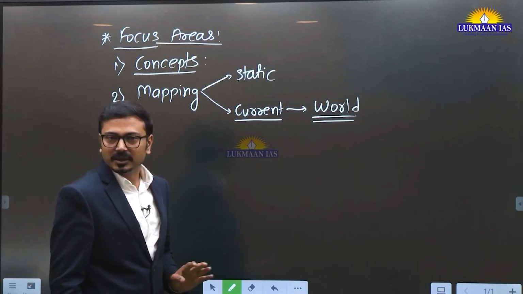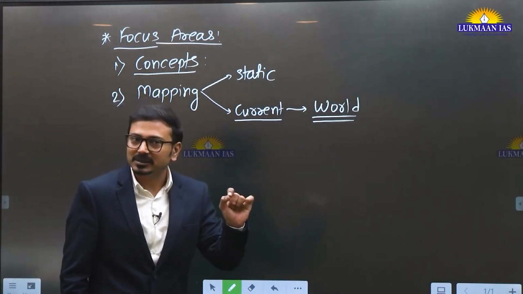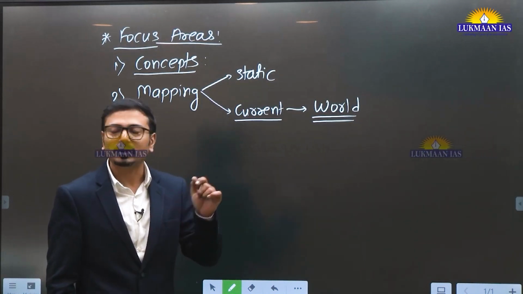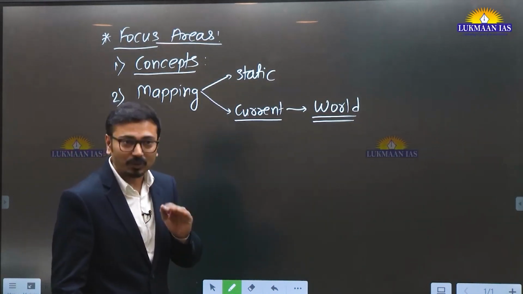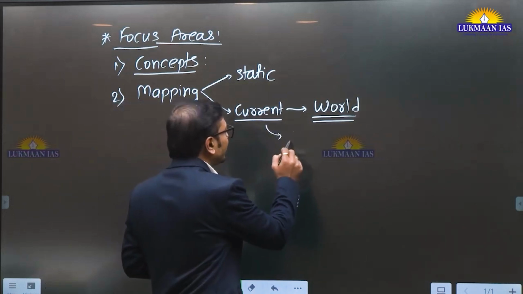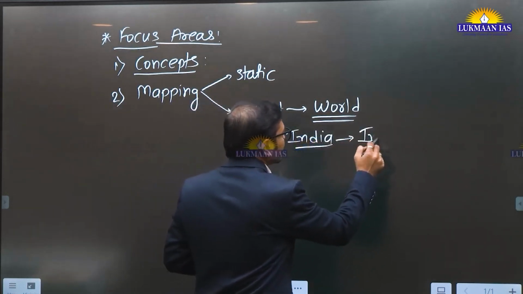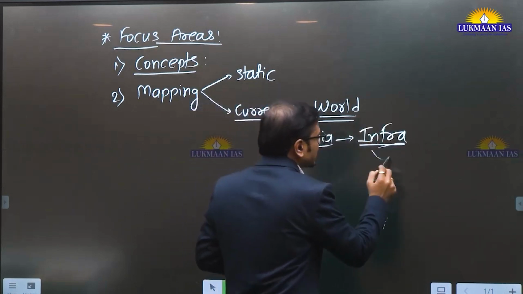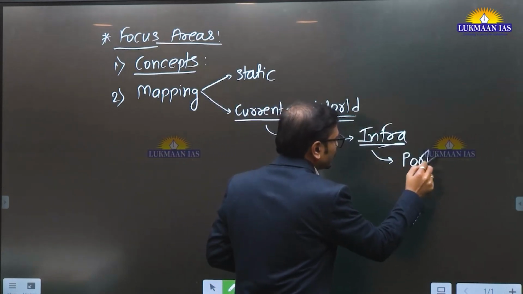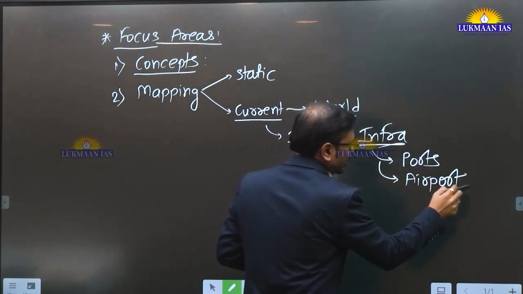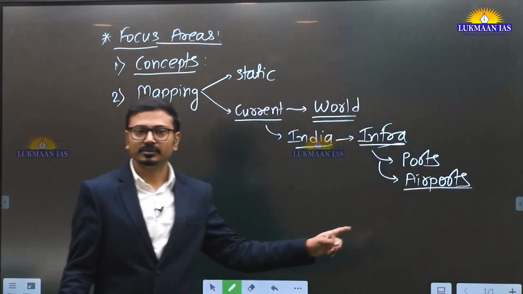Current developments. Now, some developments they will ask from India also. What kind of current developments are they focusing on for India? It is largely related to infrastructure projects. Last year it was ports. This year they asked about greenfield airports.